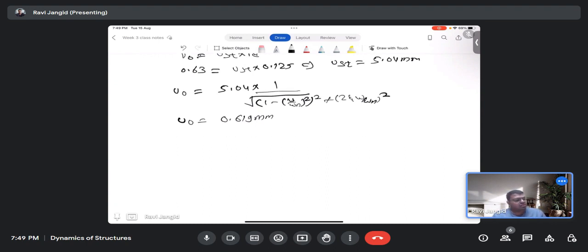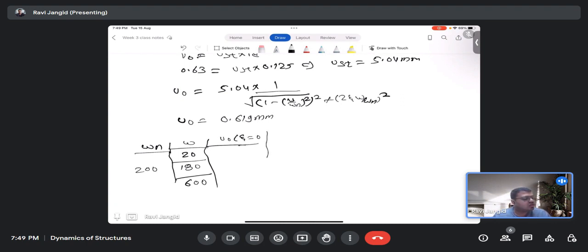Okay, let's summarize the results. With omega n of 200 and omega of 20, 180 and 600, we have u naught with damping equal to 0 as 5 mm, 26.47 mm and 0.63 mm.